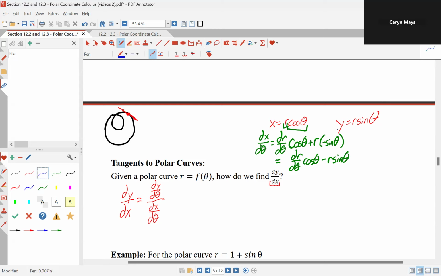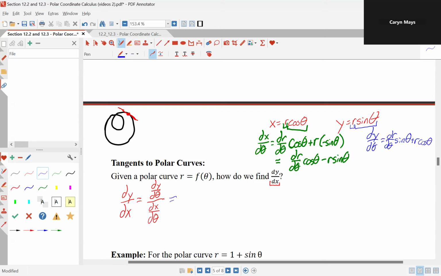Same thing would go for y when we take dy d theta. There is a product, the function of r in theta and sine. So the derivative of r in theta is dr d theta. Keep the sine. Plus, keep the r and take the derivative of sine, cosine theta.